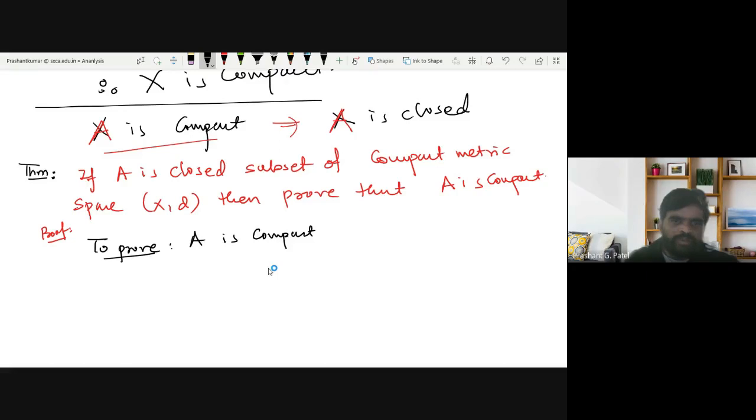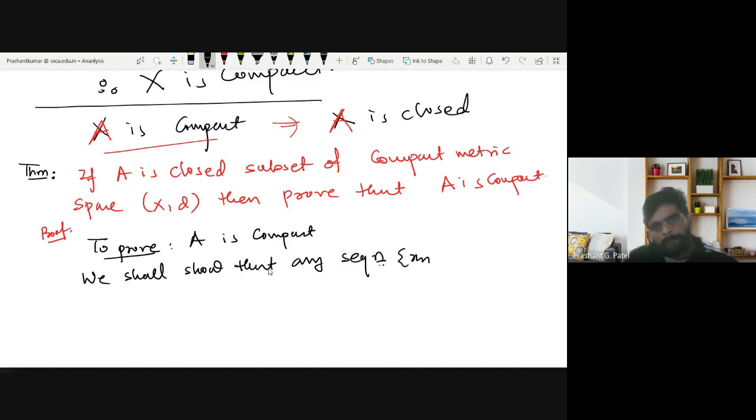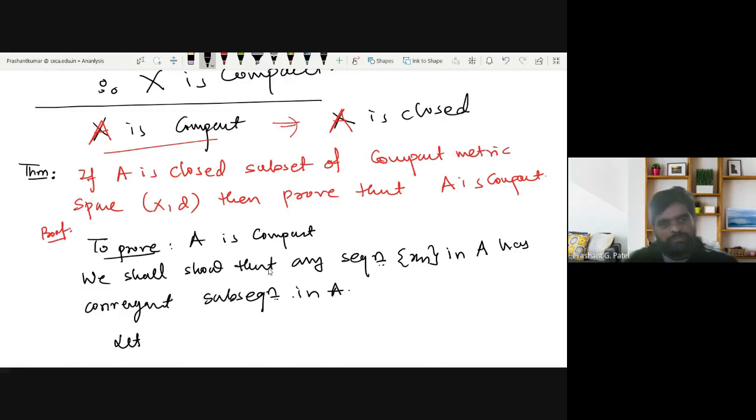Either you can prove that A is totally bounded plus complete, or you can use another result, that every sequence in A has a convergent subsequence in A. So we shall show that any sequence xn in A has a convergent subsequence in A. Let xn be a sequence in A. I have to prove that this xn has a convergent subsequence.